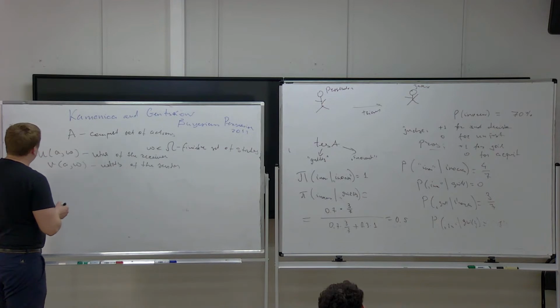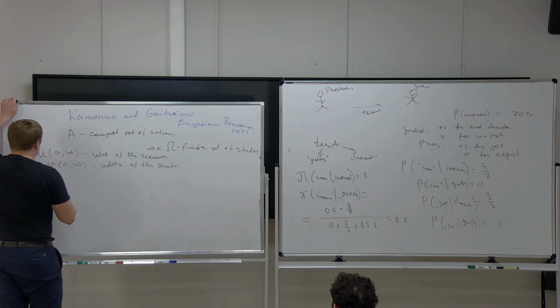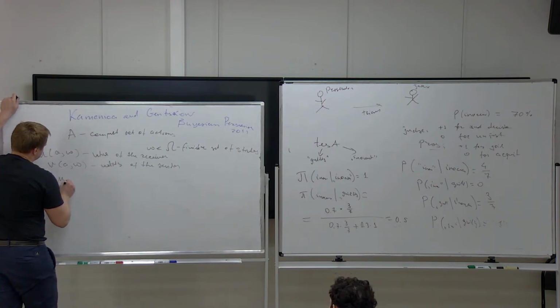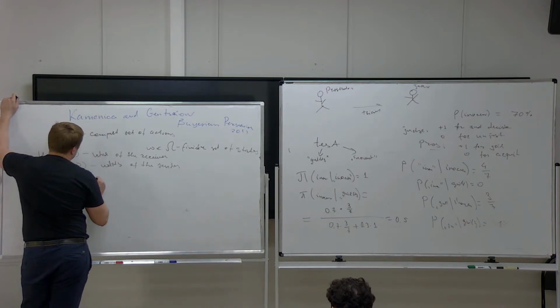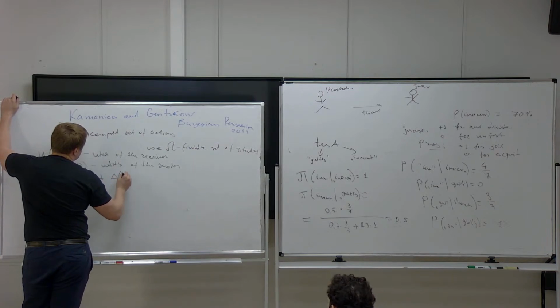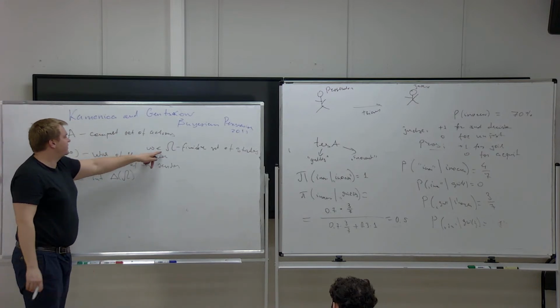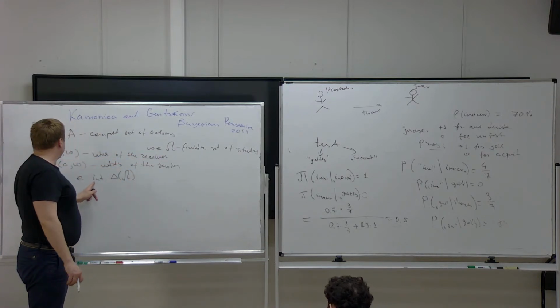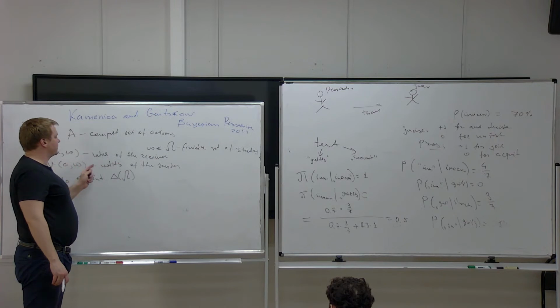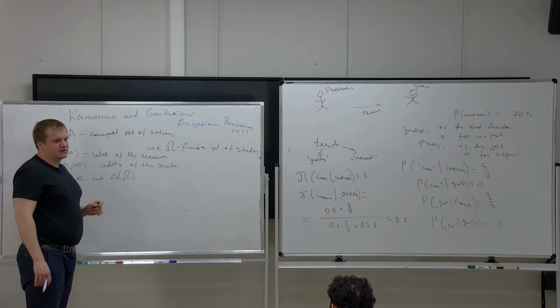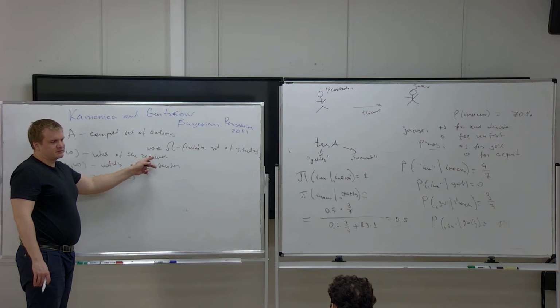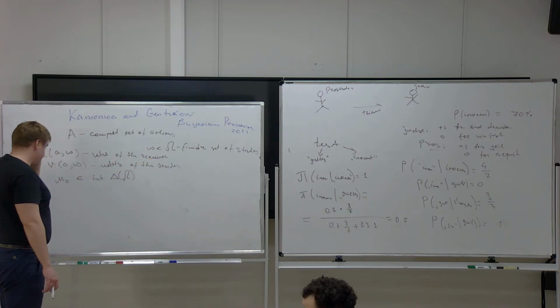The original belief mu0 is in the interior of delta omega. So omega is a finite state space, and originally both sender and receiver think that each state is possible with positive probability.